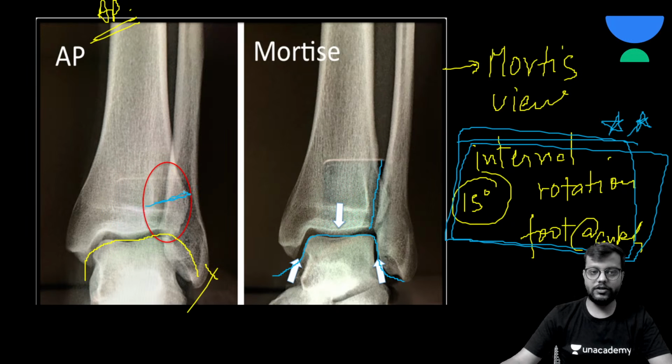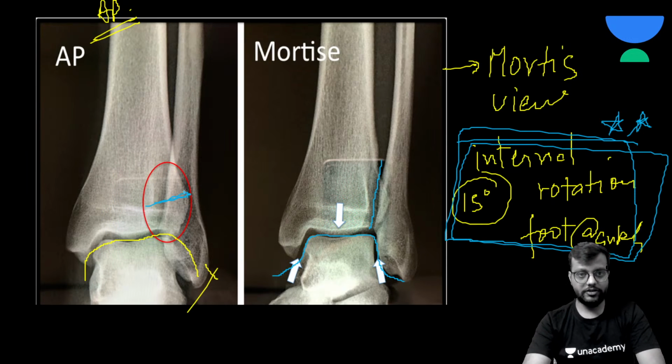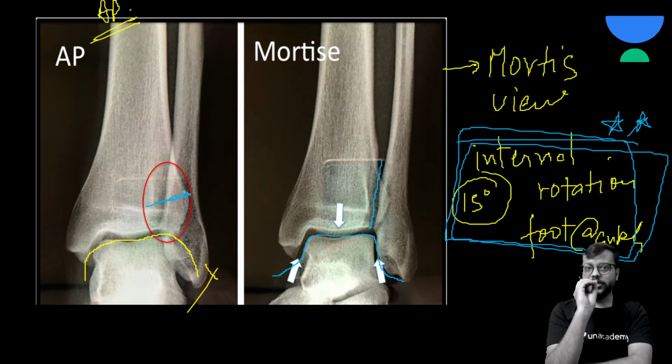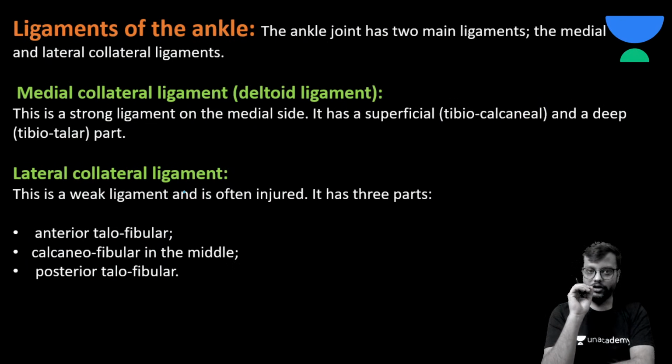So this is your mortise view and this is called as ankle mortise. So कोई भी ankle fracture हो, आपका जो बेसिक एम होता है दैट इज टू रिड्यूस द फ्रैक्चर इन नॉर्मल ankle mortise. Okay, this is your task.